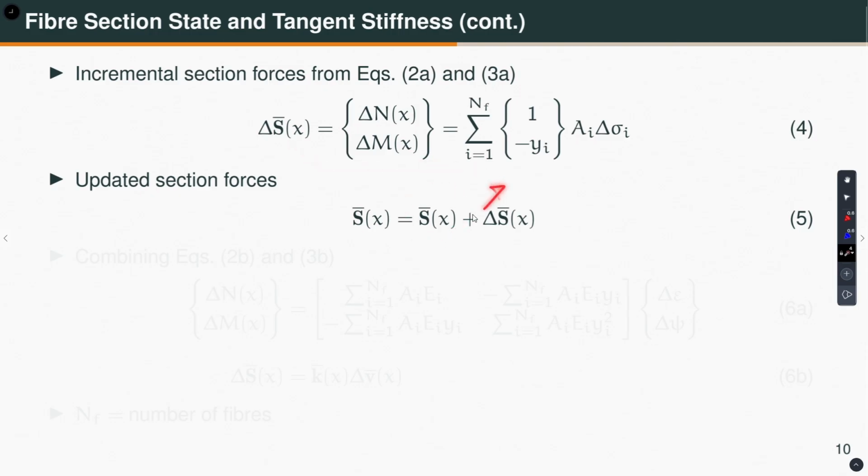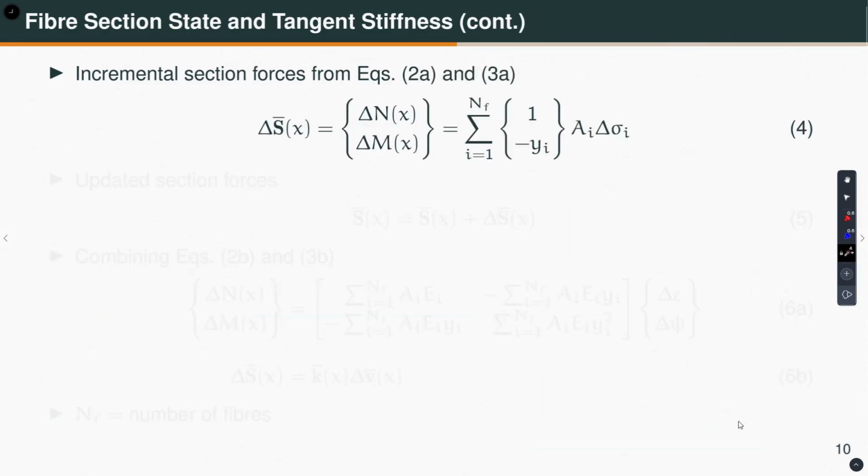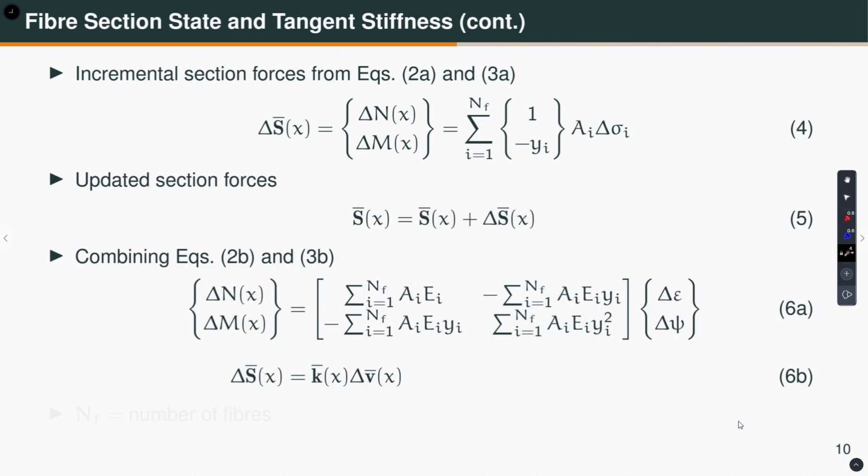Okay. Now, if I combine the other two equations, that means this equation and this equation, then what do I get? Well, I can write again delta nx, delta mx, the incremental section forces, is equal to this times delta epsilon, delta psi.